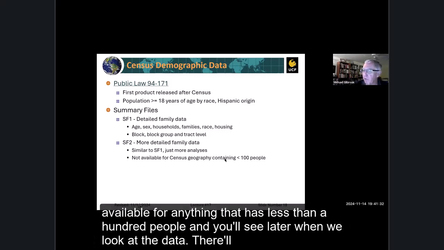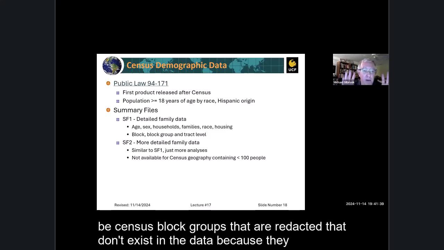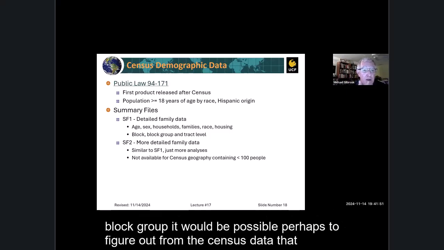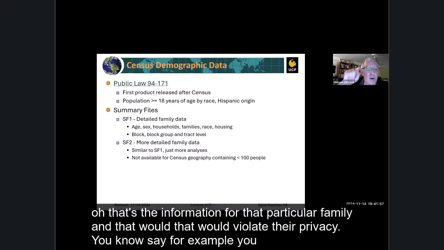But it's not available for anything that has less than 100 people. And you'll see later, when we look at the data, there'll be census block groups that are redacted, that don't exist in the data because they had too few people in them. The reason being, if there are too few people in a given block or block group, it would be possible to figure out from the census data that that's the information for a particular family, and that would violate their privacy.